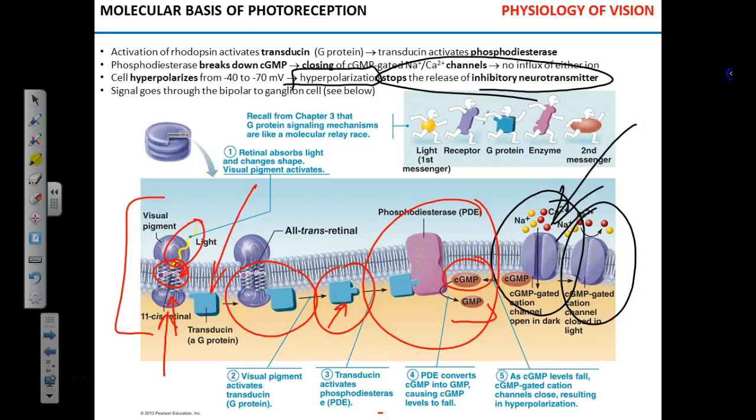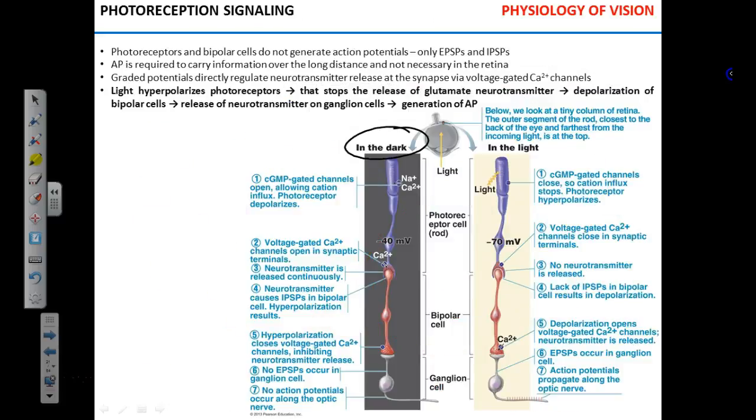No light, so it means PDE is not activated, there's no G protein signaling, there's no activation of phosphodiesterase, it means there is no breakdown of cGMP, so channels are open. So those ions, sodium and calcium, constantly flow into the cell. Does that make sense? What does calcium do in terms of the neurotransmitter release?